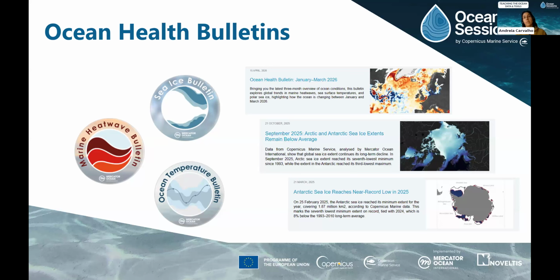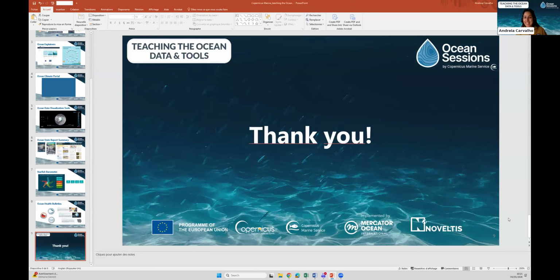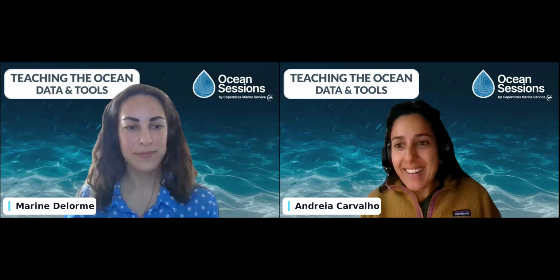So on our website, you can also find a section on the ocean health bulletins providing this synthesis. So more knowledge, more information, and key numbers you can find over there. And that's it for me for this quick recap of all the resources you can find online.